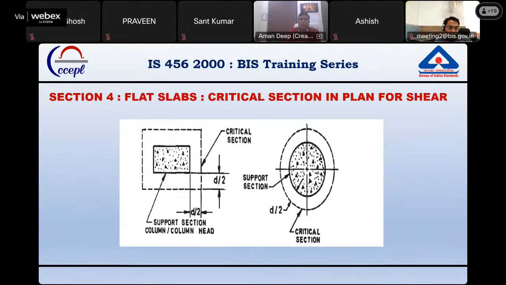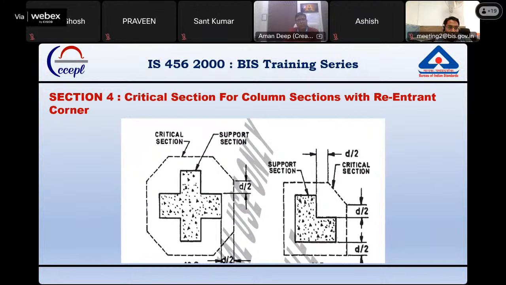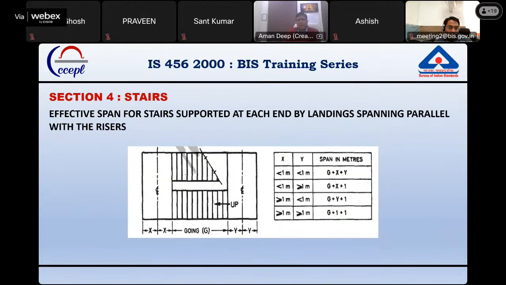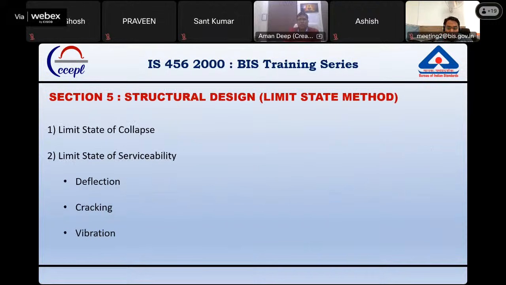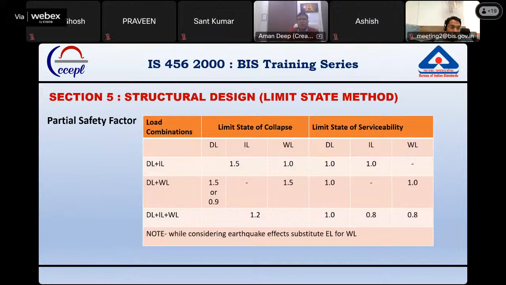I am not going into all these because this will become very technical in nature. For staircase designs also, what should be the span to be considered? Generally, we can consider the span from the center of the landings, and that is how we calculate the bending moments. For footings also it is like this. So these are the different structural design criteria.